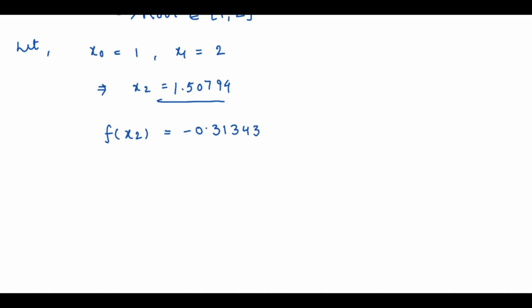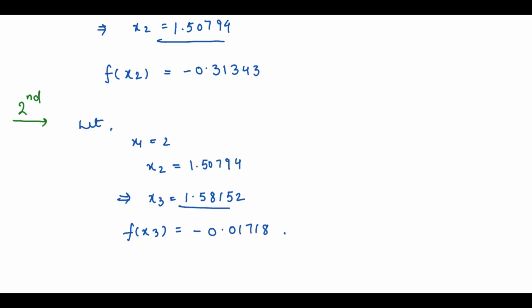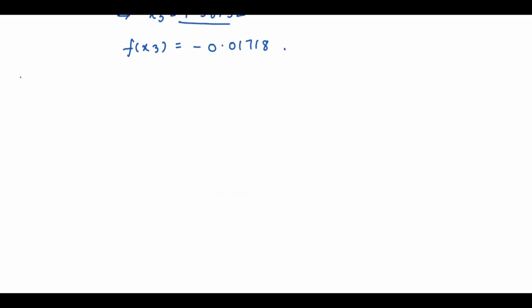With the second iteration, you use x1 as 2 now, discarding x0 and taking x2 as 1.50794. Substituting into the formula, we get x3 as 1.58152, and the function value will come out to be minus 0.01718.